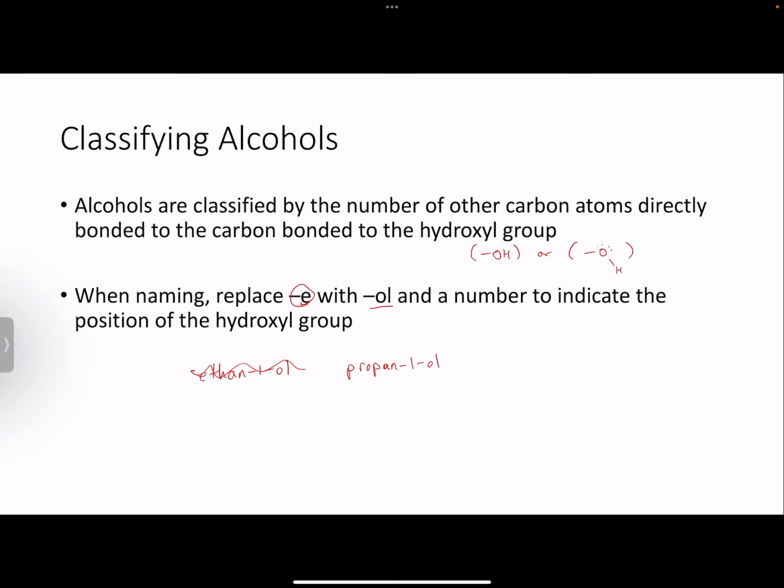Okay. Just to give you a comparison, propane, if we were to draw that, would be a 3-carbon chain with all hydrogens around it. But because we have the 1-ol, that means on carbon 1, there's an OH group, and that's it. So the rest of the atoms will be saturated by hydrogens. As a line diagram, start with a point, 1, 2, 3.